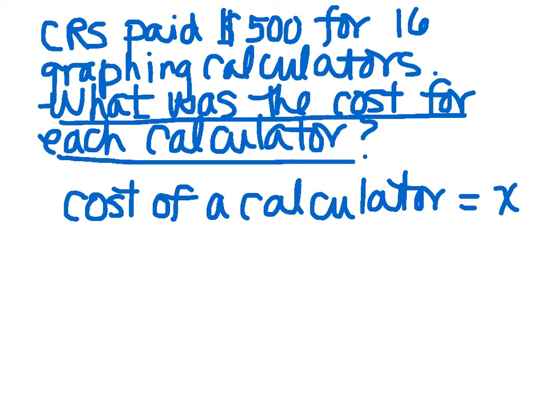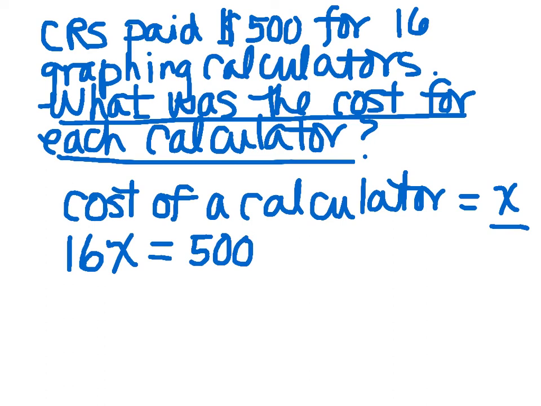We know that the cost of each calculator is x. We know we have 16 of them. So 16 x's comes to $500. In your homework tonight, you'll be able to see to the right where the equations are, and it's very important that you match up your equations. And then in the bottom, it has the answers.